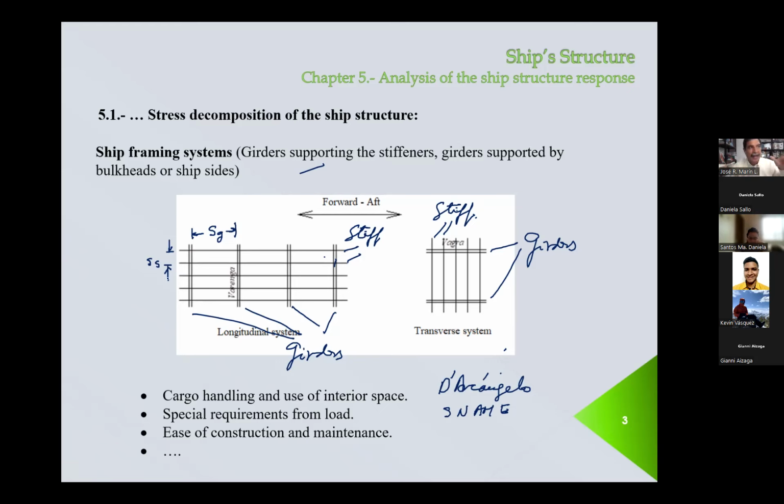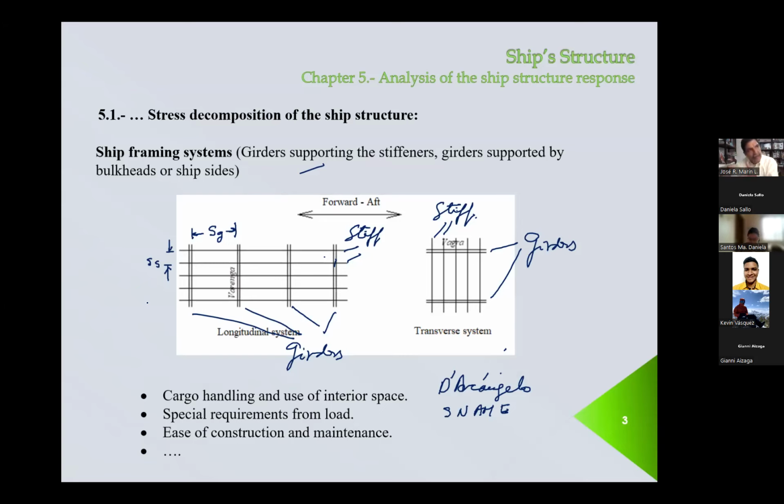Okay, cargo handling and use of the interior space. It's possible that you have, like it says here, special requirements from load, right? There are some special requirements, such as any special load, shape or geometry.